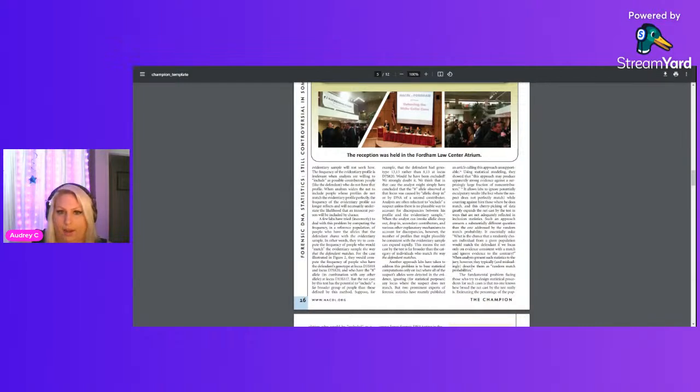So when analysts widen the net to include people whose profiles do not match the evidentiary profile perfectly, the frequency of the evidentiary profile no longer reflects and will necessarily understate the likelihood that the innocent person will be included by chance.